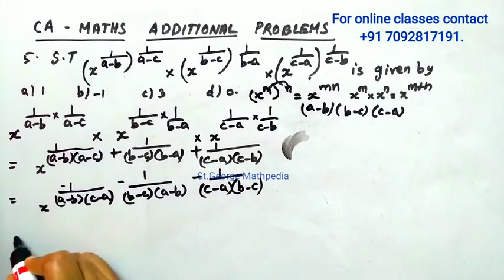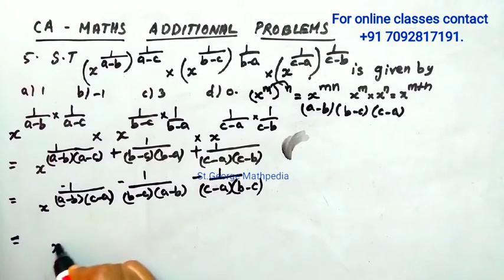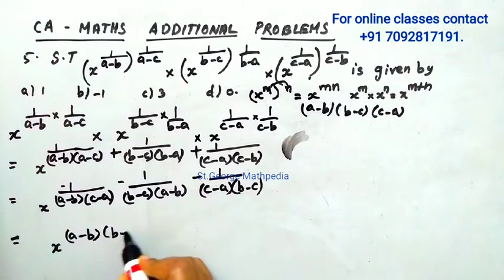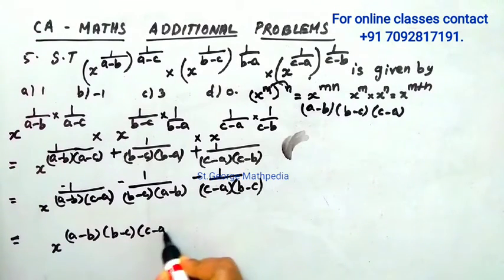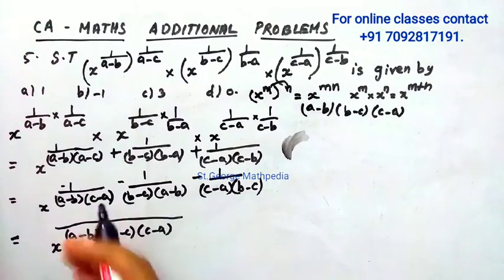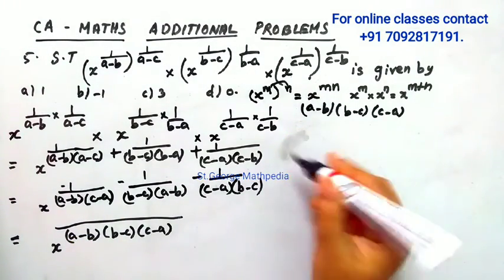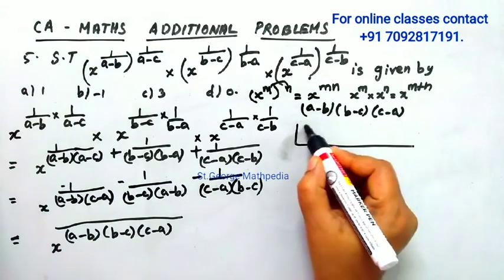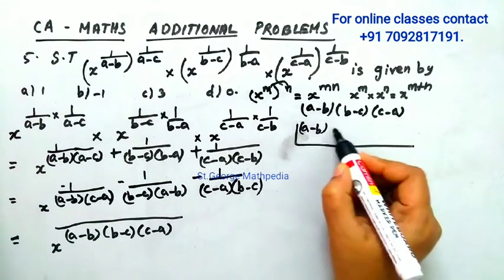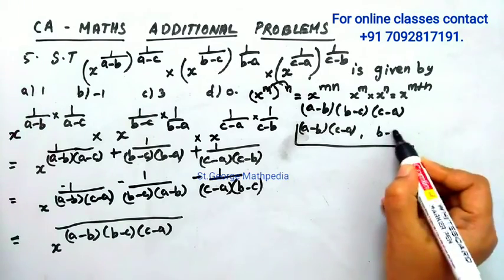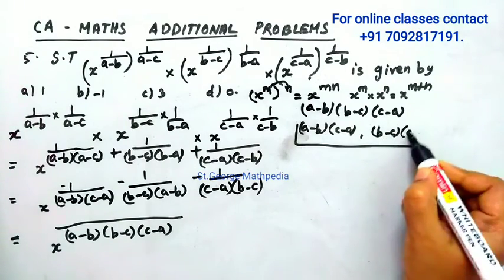Now let us take the LCM. The LCM will be a minus b, b minus c, c minus a. If you have any doubt in taking the LCM, let us find the LCM of these denominator terms, a minus b into c minus a.